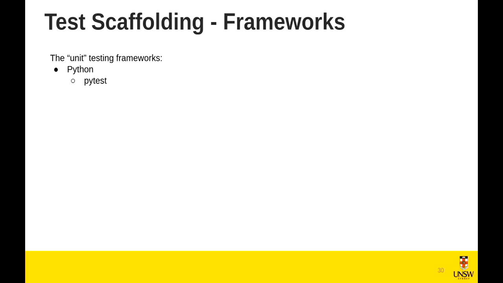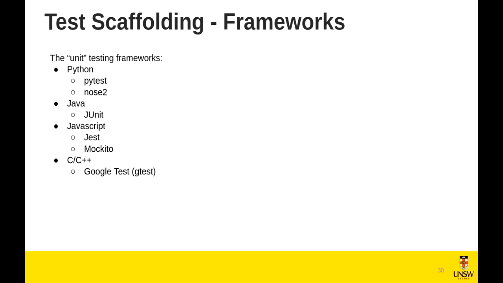And for Python, we have two very famous frameworks, PyTest or Nose2. For Java, there is one very famous testing framework called JUnit. For JavaScript, if you have taken 1531, you may have used Jest or Mockito.